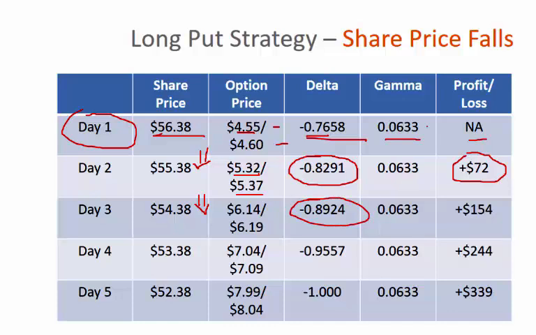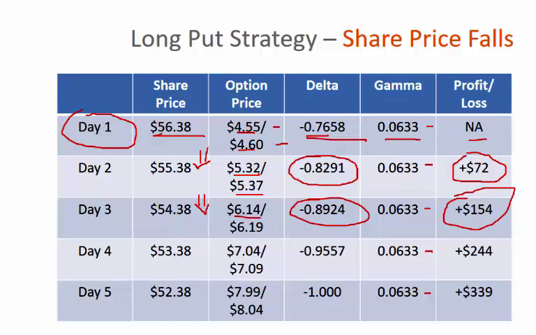Now, just for the purposes of this example, we've kept gamma the same. Just to throw another spanner in the works, gamma does change daily as well, but it doesn't change by anything near as much as delta changes by. So we'll just use the same gamma figure for each potential outcome. Your profit in that scenario is $154 because we're getting to sell the put option now at 614 and we only bought it for 460.